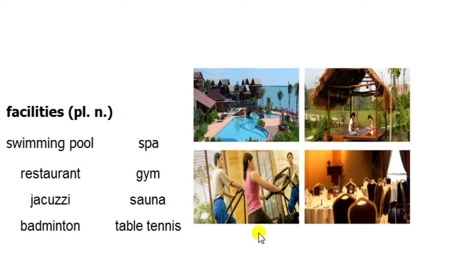Jacuzzi, sauna, badminton court, table tennis room, these are facilities. They are very common in resorts. A resort is something that is a hotel but has additional facilities. It's usually much larger than a hotel.